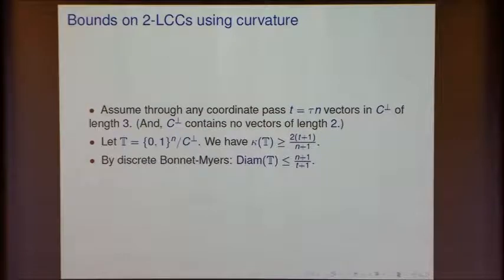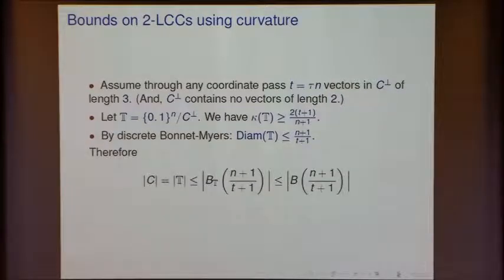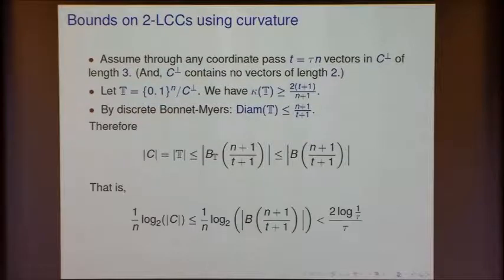Therefore, the diameter of the torus is at most 2 over kappa. Therefore, the cardinality of the code is at most the cardinality of the ball of radius (n plus 1) divided by (t plus 1) in the torus, which is at most the cardinality of the corresponding ball in the Hamming cube, and we are done. So this is the proof.